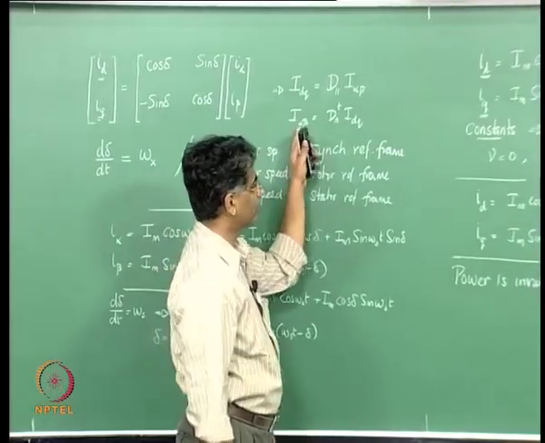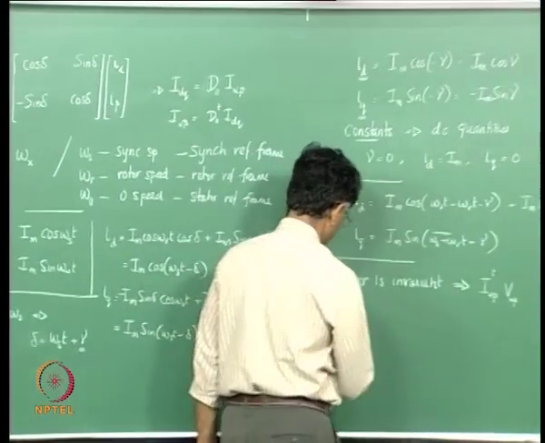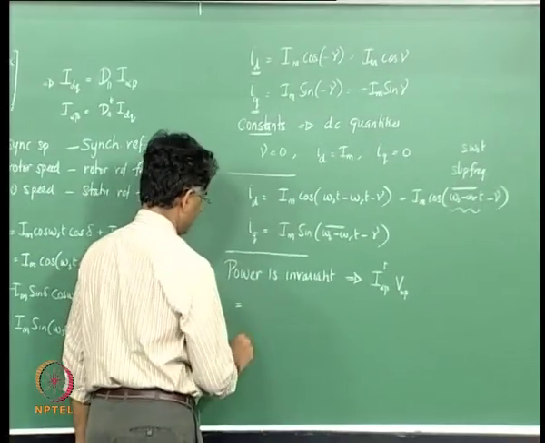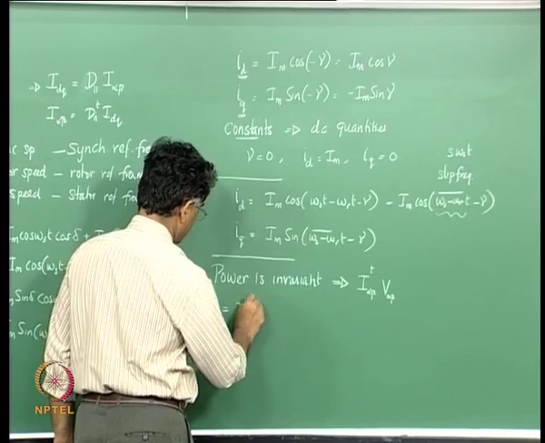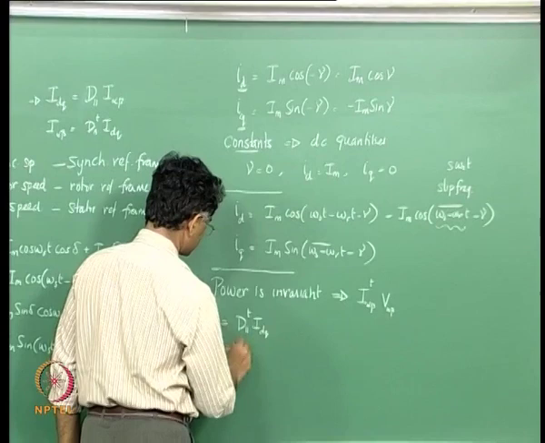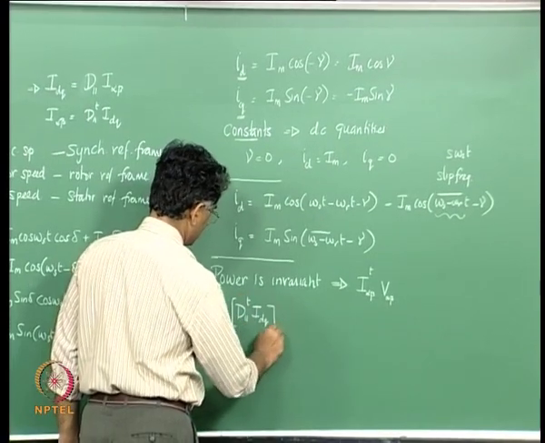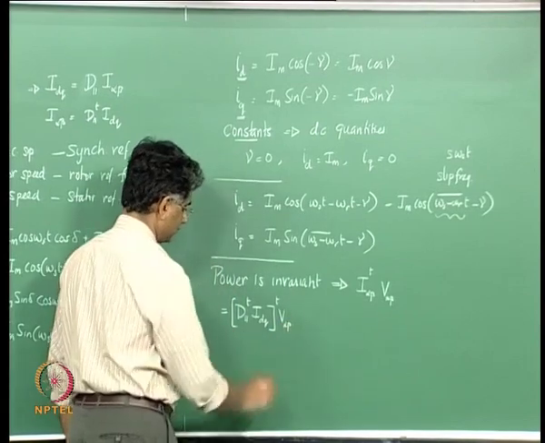Let us substitute this expression in our expression for the total input electrical power. This becomes D11 transpose into I dq, transposed, multiplied by V alpha beta.